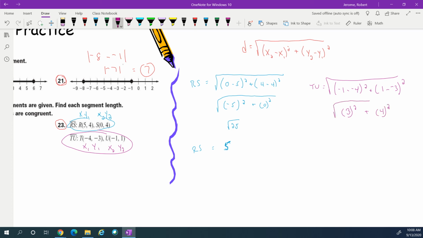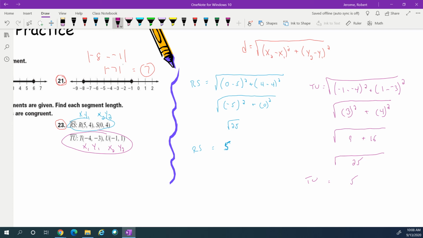This is still all under the big square root. We have 9 plus 16, square root of 25. So TU equals 25. I'm sorry. TU equals 5.